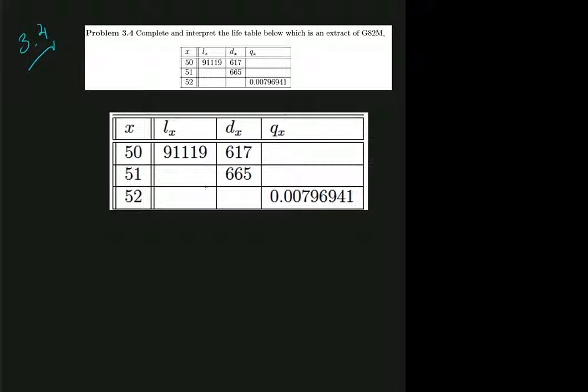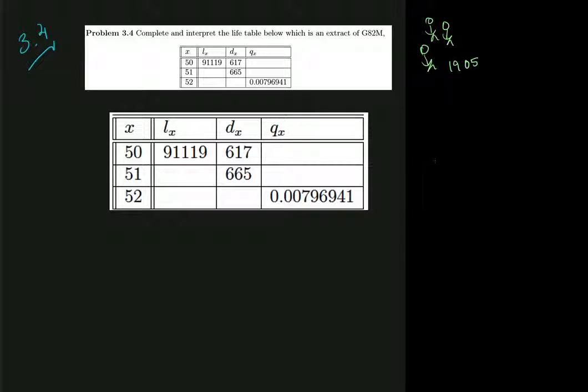So the way we normally construct a life table is we take a homogeneous group of people. So we take loads and loads of people who are all born, for example, in 1905, maybe.